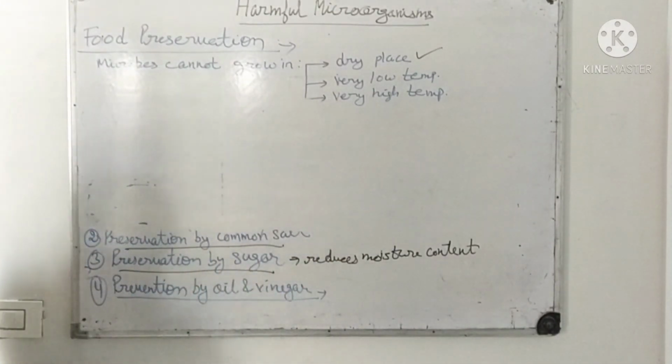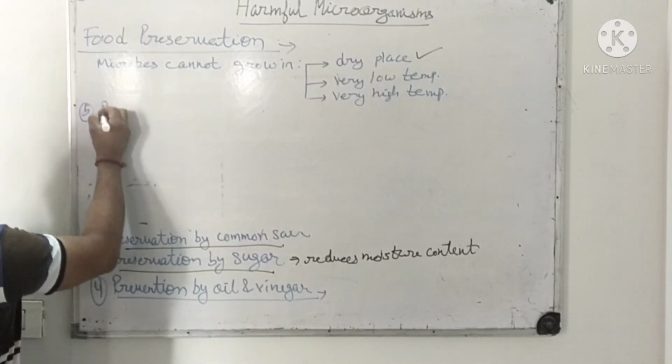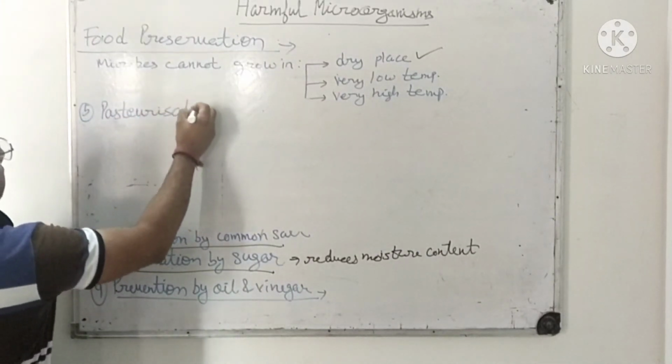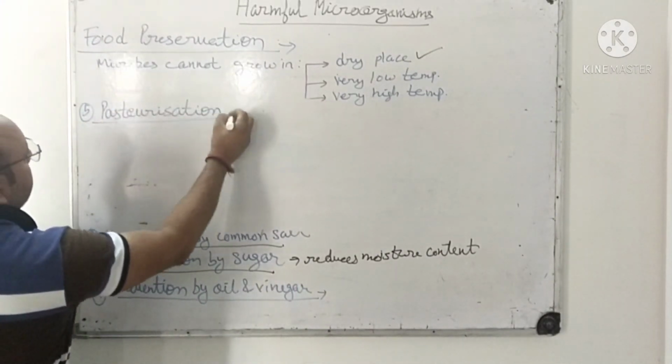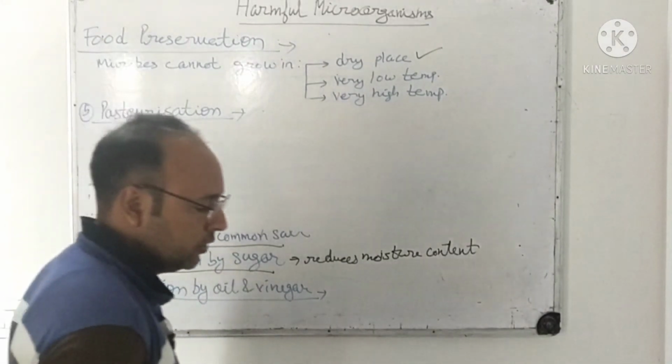Then we have pasteurization. This is a process for preserving milk. The milk is heated up to 70 degrees Celsius for 15 to 30 seconds.